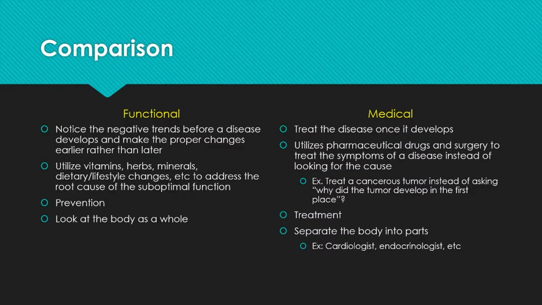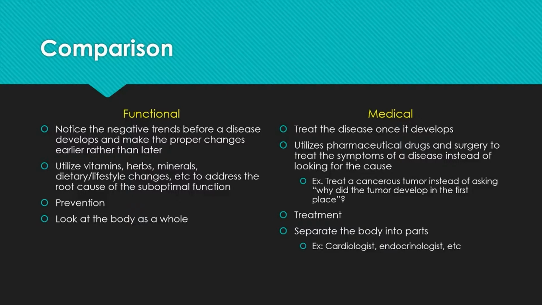Next big thing is that for treatment, medical doctors usually do two things: pharmaceutical drugs and surgery to treat the symptoms of a disease, but they never really look for the cause. An example: let's say you have a cancerous tumor. They're going to treat that tumor, probably excise it with surgery and then give you chemo and drugs.